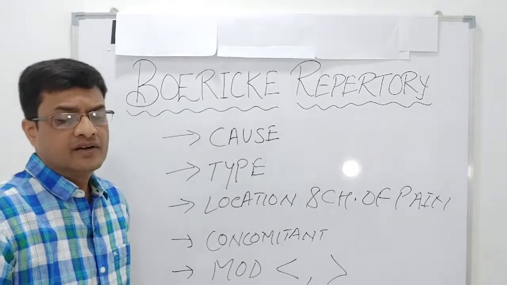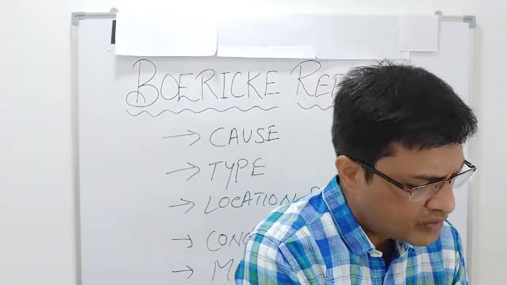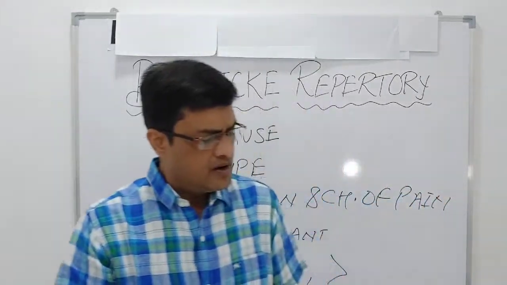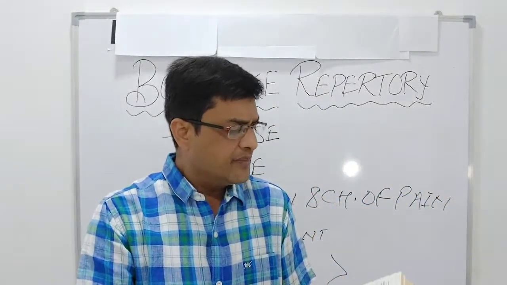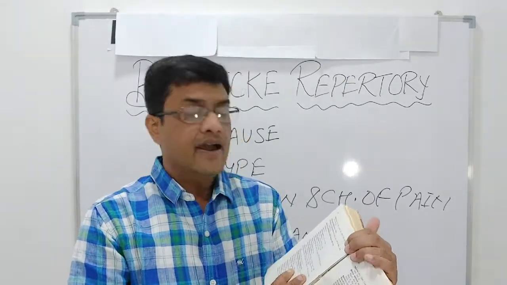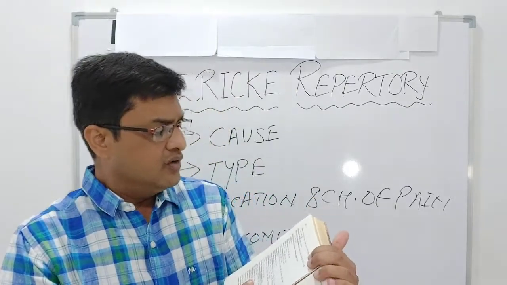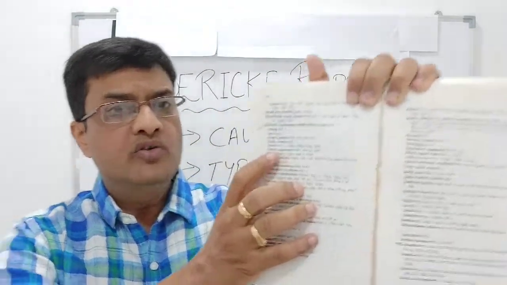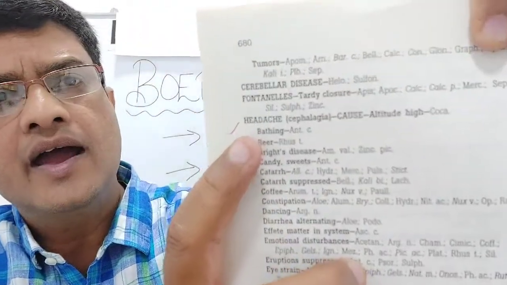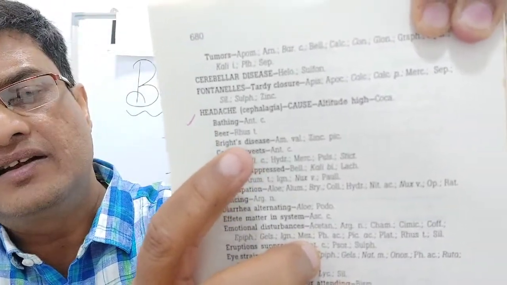So here I am going to show you, for example, in Boericke repertory the headache rubric has very large information. Here headache is written and in front, cause is written.